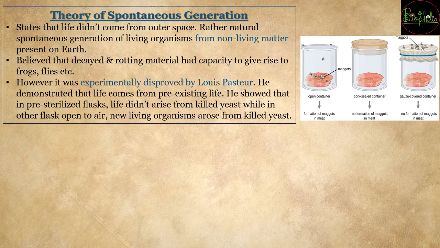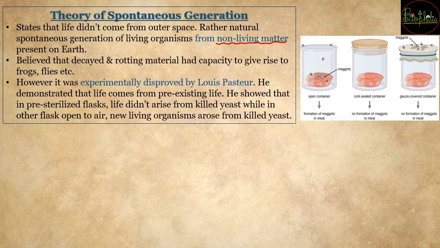Now this theory said कि ये कोई outer space से alien आके छोड़ के गई हुई बात नहीं है. It is just a natural spontaneous generation. ये just हो गया. Living organisms just came into life from non-living material. So non-living material जो भी present था वहां से ये living materials आ गए.